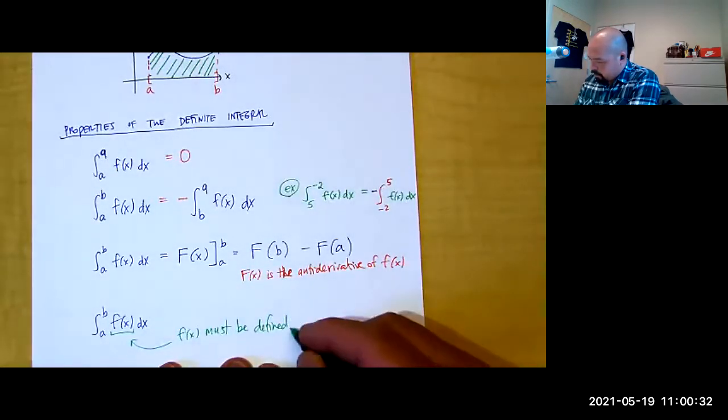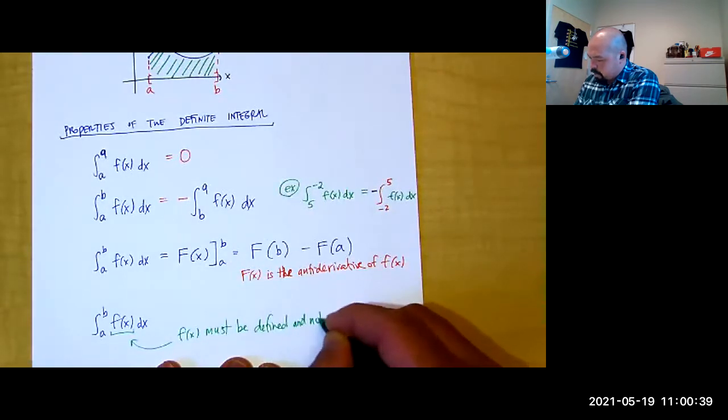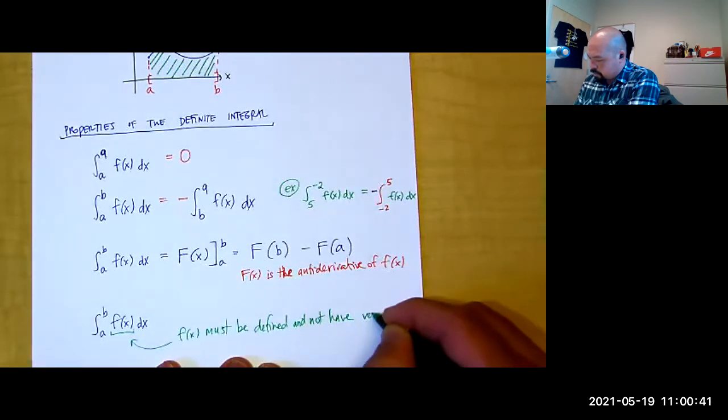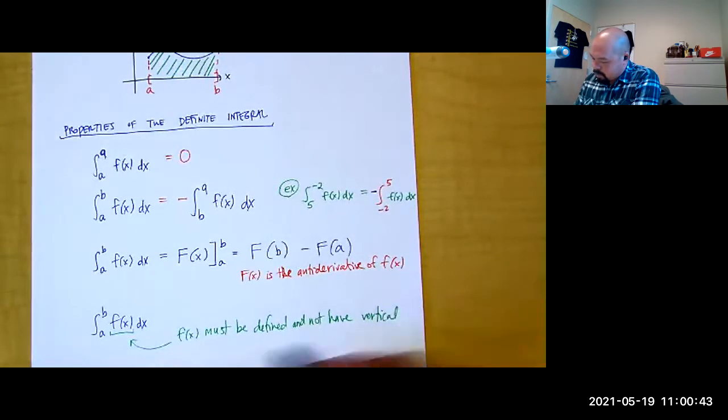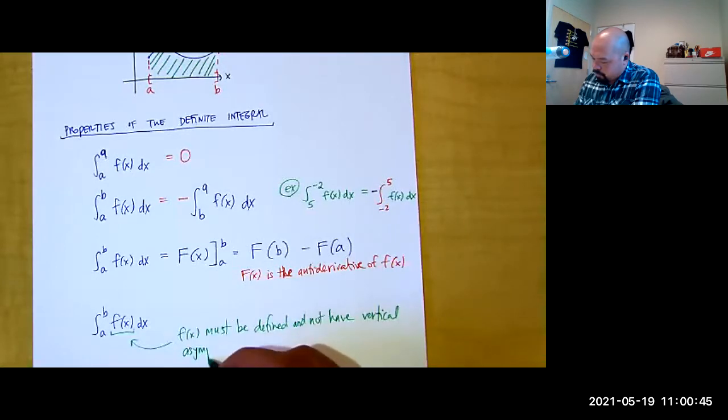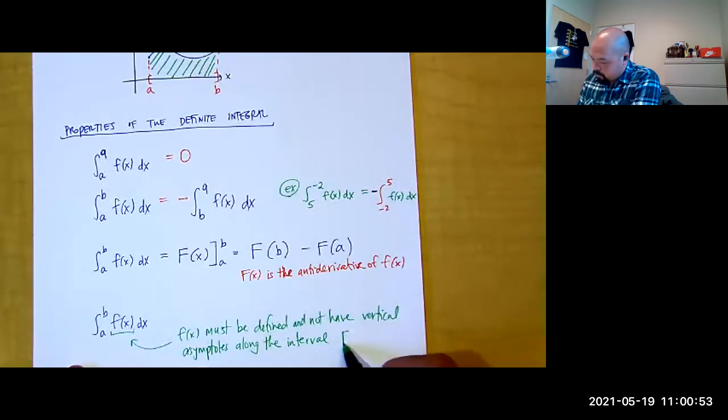It must be defined and not have vertical asymptotes. That's really what we're kind of looking out for along that interval from A to B.